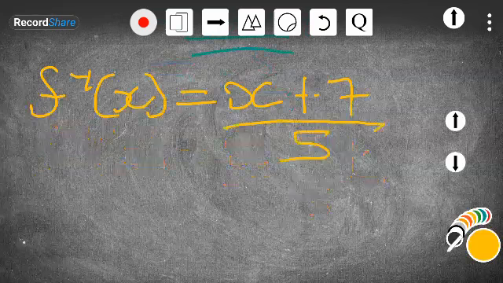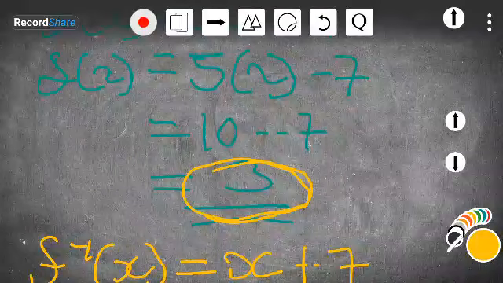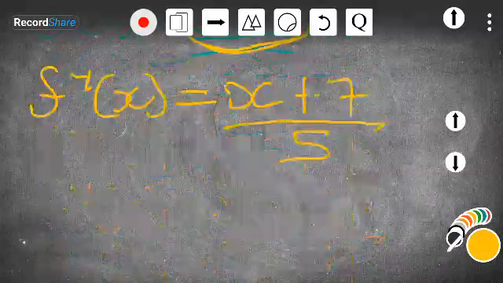So what is x? We replace with 3, because that is the answer we have found as our range. So I'm moving from the range to the domain. This is an inverse. So we replace.